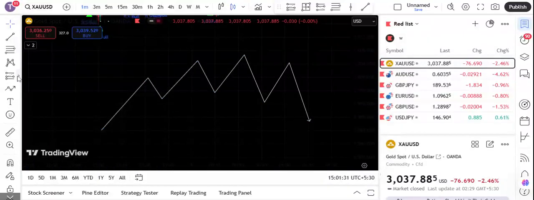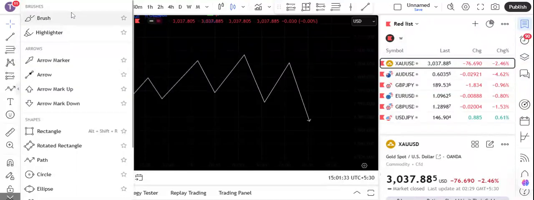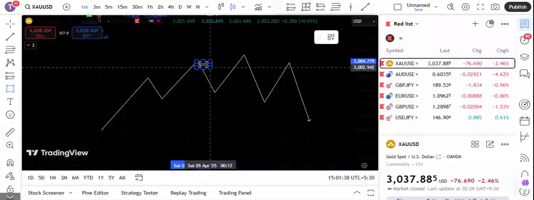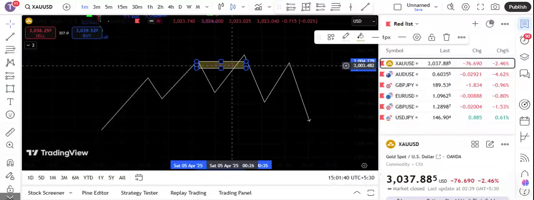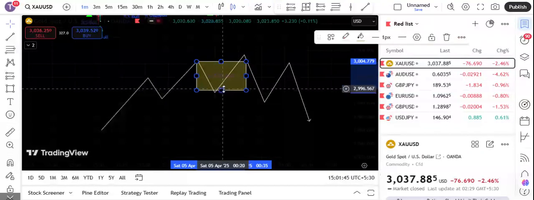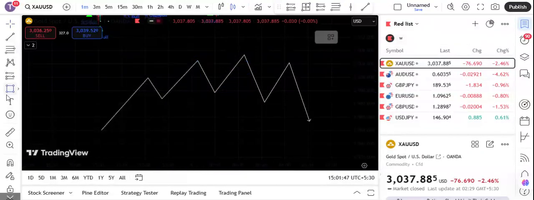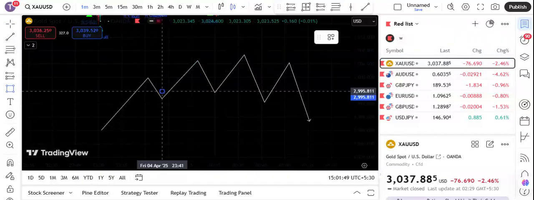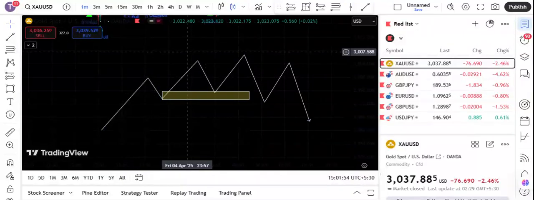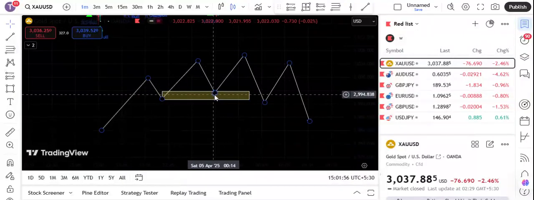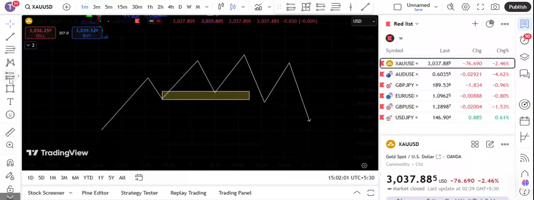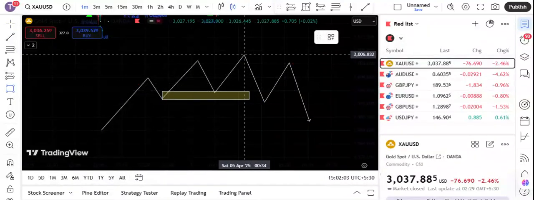Here we are going to have our supply and demand zones. For example, here, when price came back into this demand zone, it just bounced back, right? Again, here is one more example.